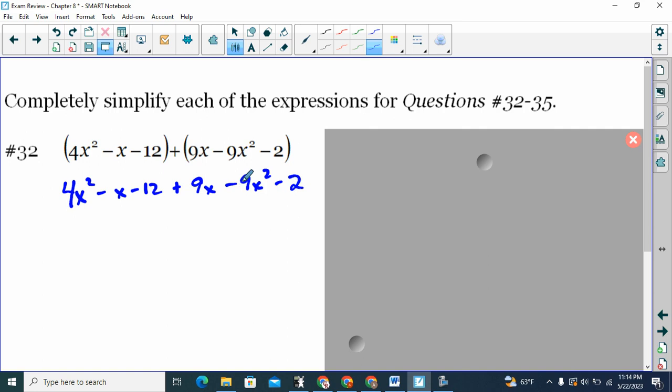And then again, we combine like terms. I've got 4x squared minus 9x squared. 4x squared minus 9x squared is negative 5x squared. We just combine the coefficients, 4 minus 9, keep the variable the same when we add and subtract. I've got negative x plus 9x, which is 8x.